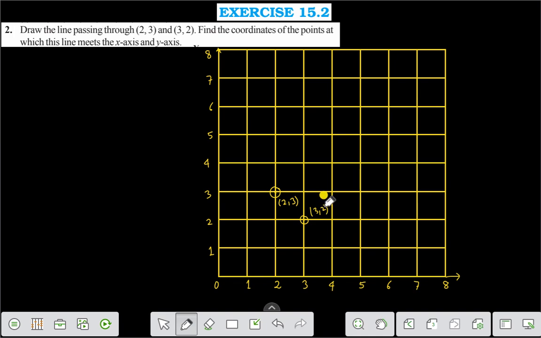Right? If you draw a straight line, we are getting a straight line like this.